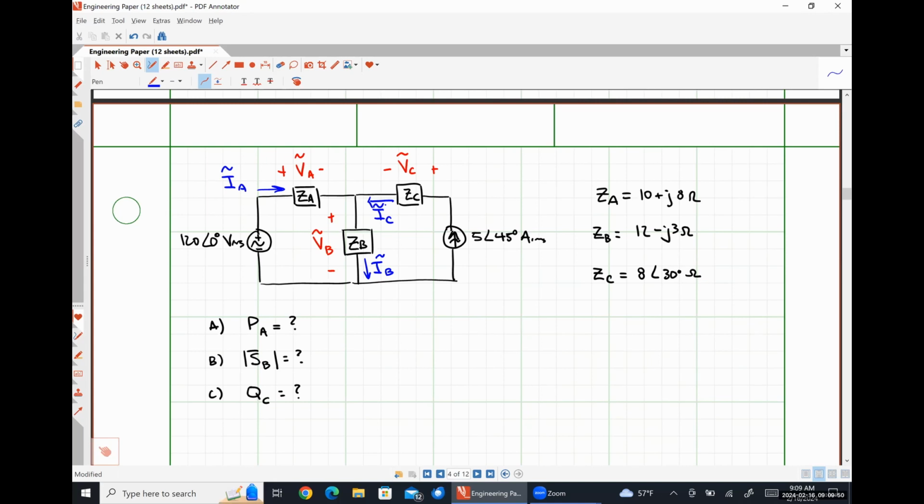Because of our alternative relationships that we came up with a couple of minutes ago, realistically, we only need the voltage drop or the current through any of those impedances in order to calculate the complex power. And then once we know the complex power, we can pick and choose what piece we need in order to actually answer the question that was posed to us, okay? So, which thing do you guys want to solve for first?